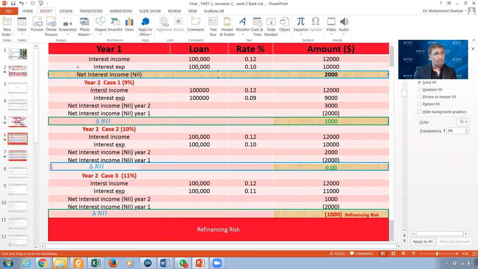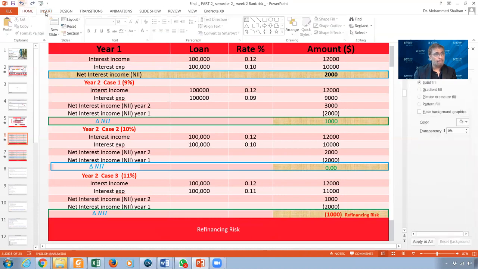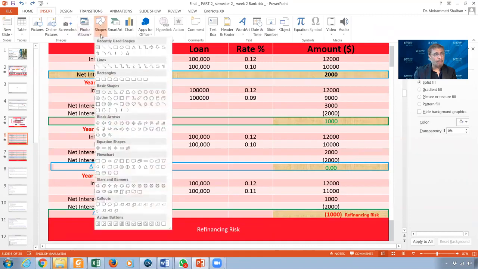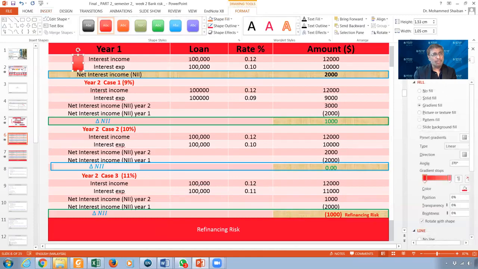Now, look at this. This is the current situation, which means I have interest income of 100 million and I have interest expenses of 1 million, and the loan is 100 million, which is the same thing.